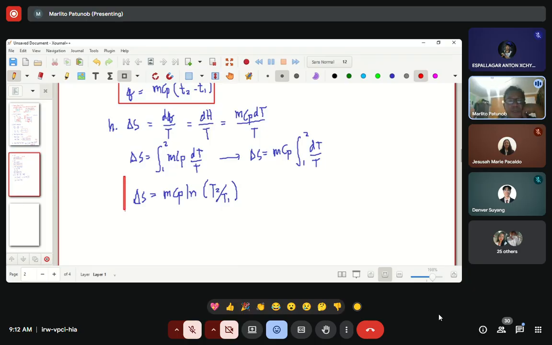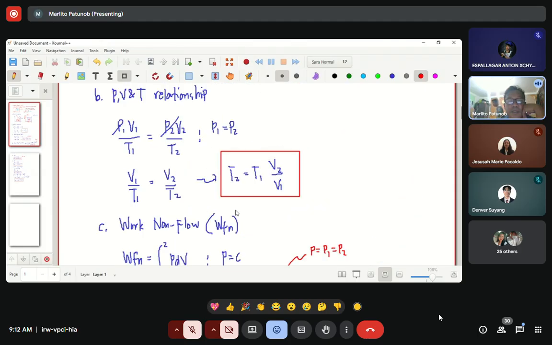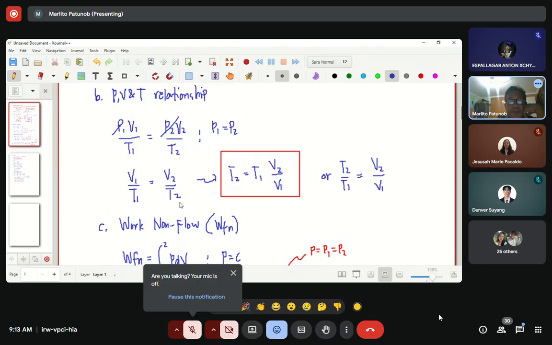If you look at the relationship of T2 over T1 here, it becomes V2 over V1, right?